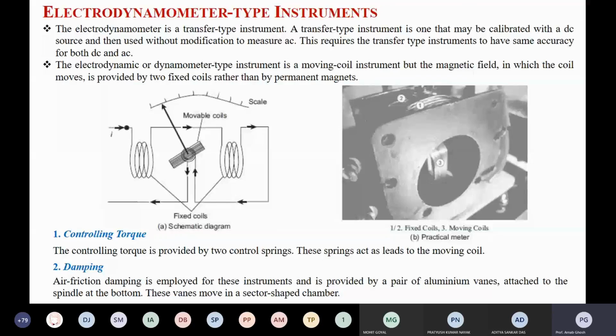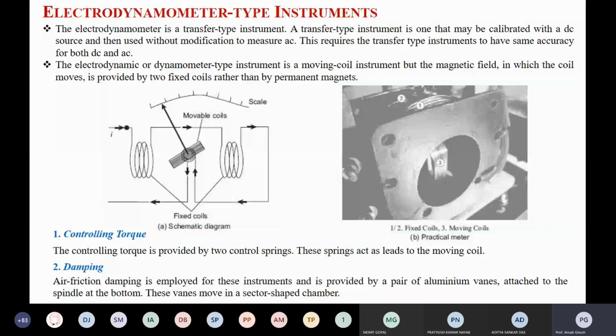You can also use a rectifier-based condition, but normally PMMC instruments measure DC voltage and current.